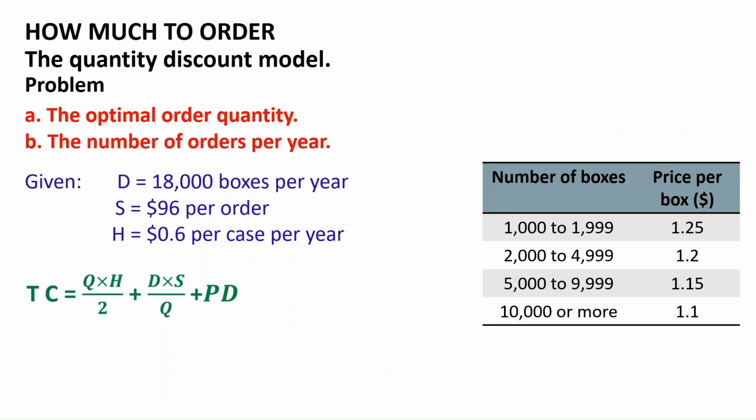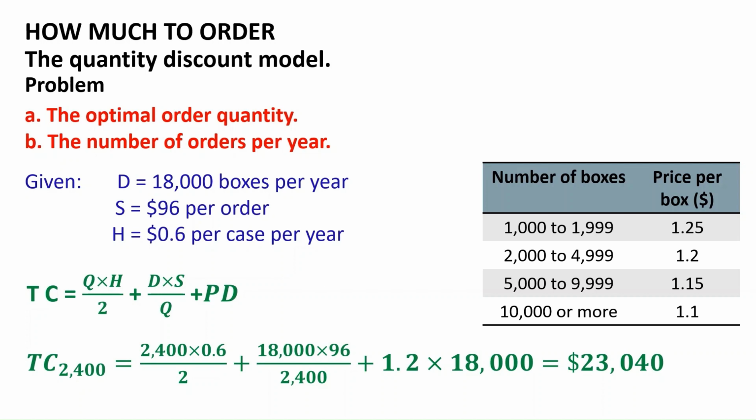Known that TC equals Q multiplied by H divided by 2 plus D multiplied by S divided by Q plus P multiplied by D. So, the total cost at Q equals 2,400, TC 2,400 equals 2,400 multiplied by 0.6 divided by 2 plus 18,000 multiplied by 96 divided by 2,400 plus 1.2 multiplied by 18,000 equals $23,040.